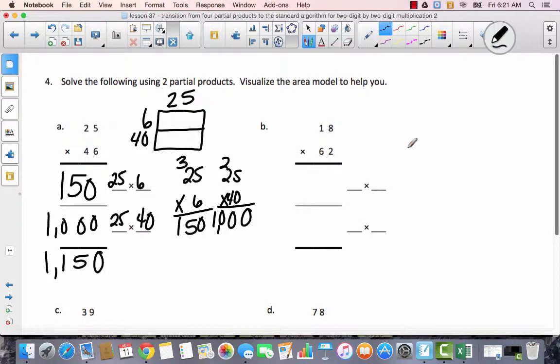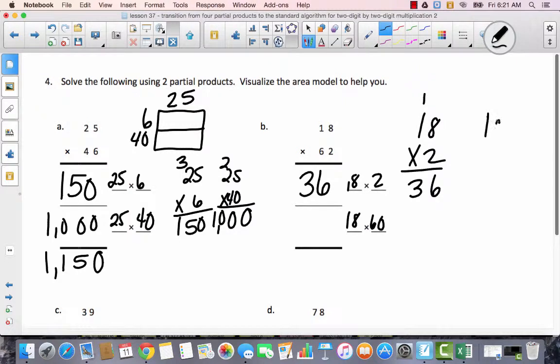Okay, so over here, I'm not going to draw the area model this time. Let's see if we can do it without it. So this is really 18 times 2 plus 18 times 60. 8 times 2 is 16. 1 times 2 is 2, plus 1 is 3, so 36. 18 times 60 is really 18 times 6, you just add a 0. 8 times 6 is 48. 1 times 6 is 6, plus 4 is 10.